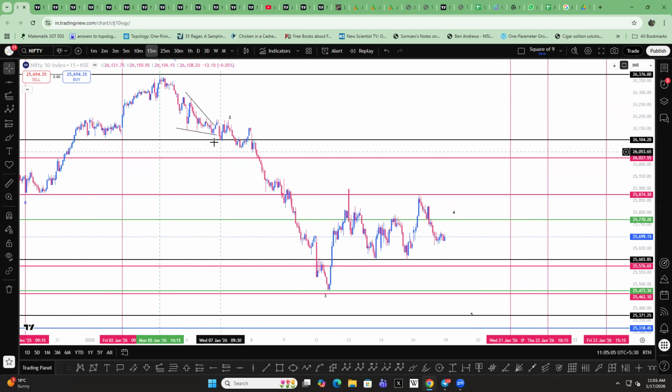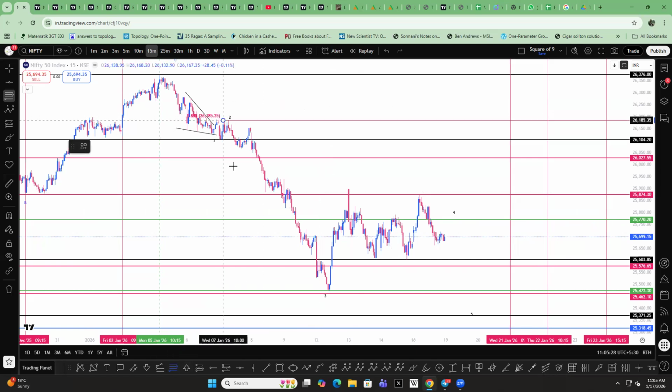So having this in mind, let's understand the two probabilities. The first probability is that this is 1, 2, and this whole thing is wave 3, and this is wave 4, which is going on. For that reason, wave 4 can retrace.